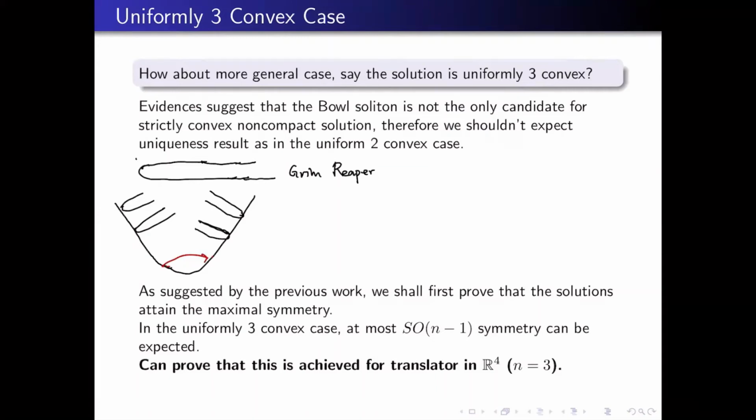Because of the collapsedness of the Grim Reaper, this solution also has to be collapsed. But the way it is constructed is inspiring. Namely, in higher dimensions we can follow a similar process: instead of the Grim Reaper, we can consider a translating soliton in higher dimension.